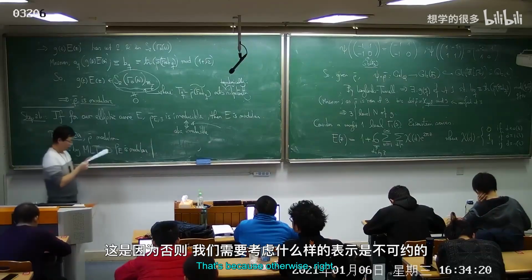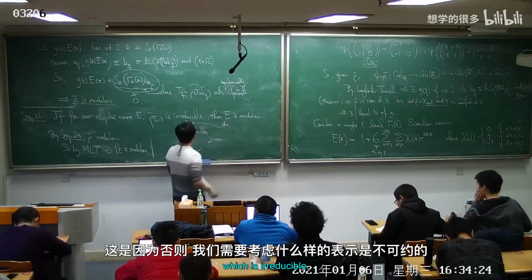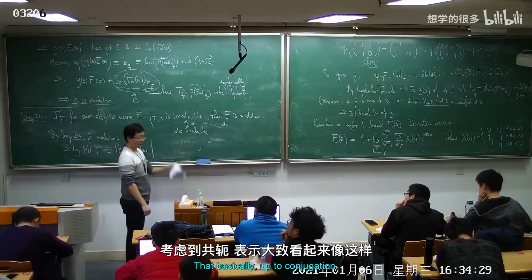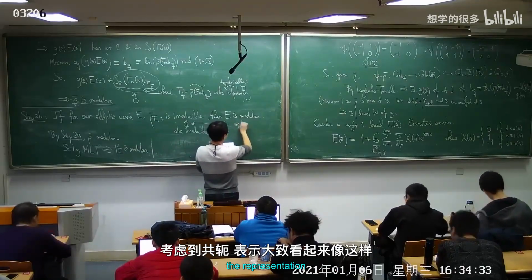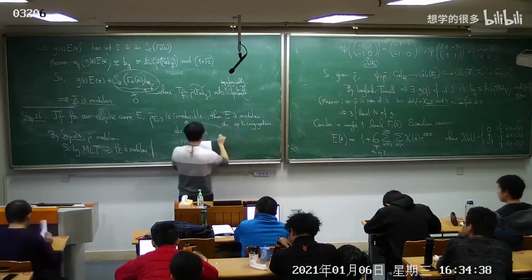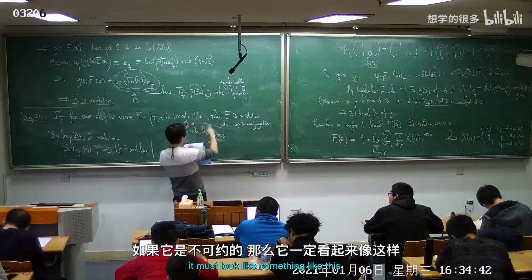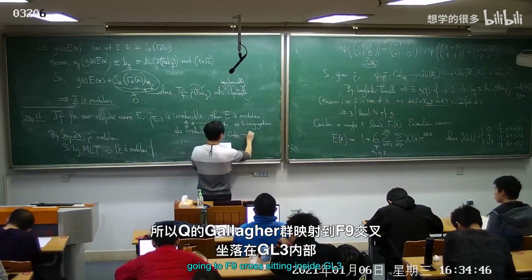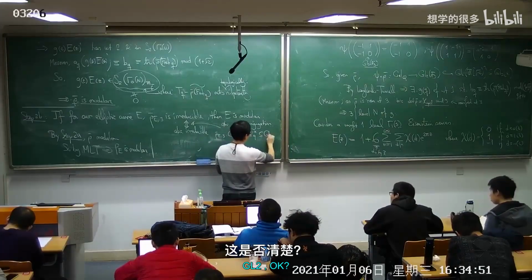That's because otherwise, think about what kind of representation is irreducible but not absolutely irreducible. Up to conjugation, it must look something like this: the Galois group of Q going to F9 cross, inside GL2 F3.